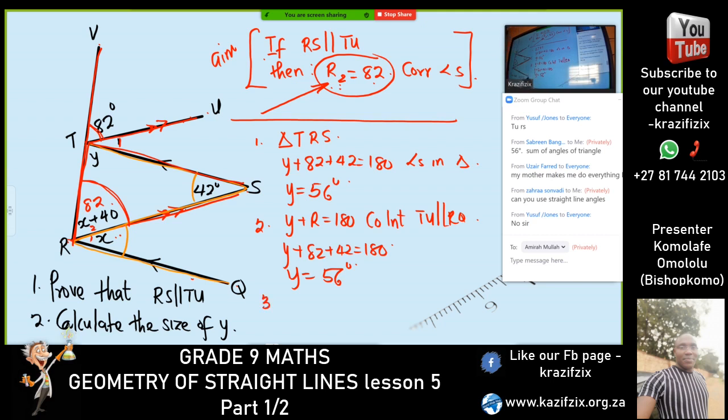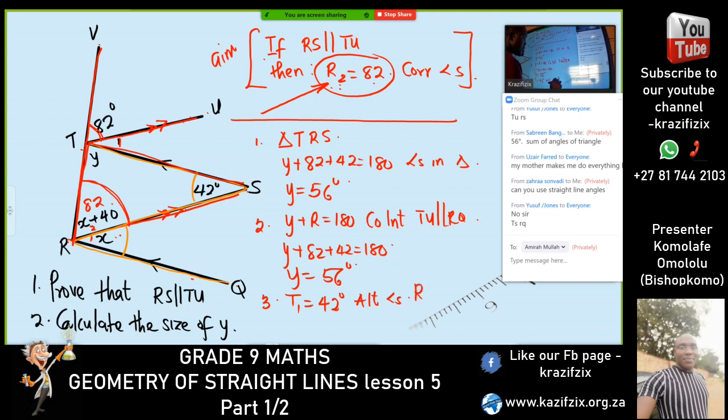All right. The third method is to get T1 first. T1 is 42 degrees. Alternate angles. And remember, when you say alternate, you must give me the lines that are parallel. RS is parallel to TU. Yusuf, thanks for correcting that. Now, Y plus 42 plus 82 equals 180.